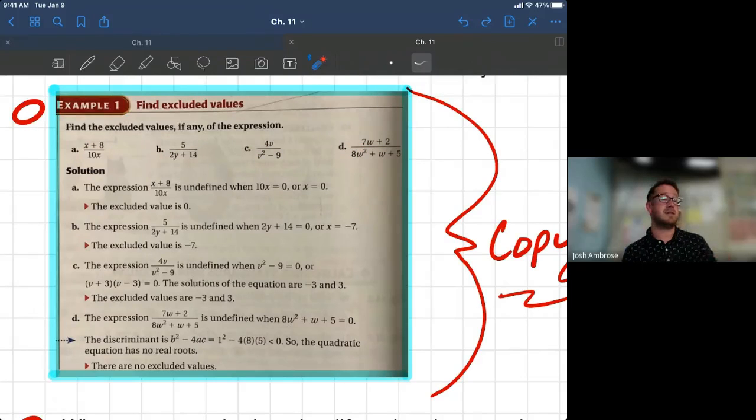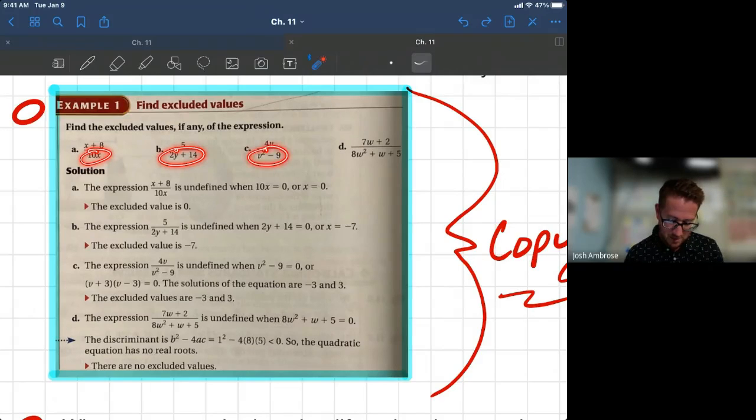So if all they say is what are the excluded values, you can completely forget about the numerator and just focus on the denominator. But if they were to say simplify the expression and state the excluded values, then that's different. That's you doing the whole thing, simplifying, and also focusing on the excluded values. So that would be both parts. But if all they say is excluded values, let's take a look at just the denominator.